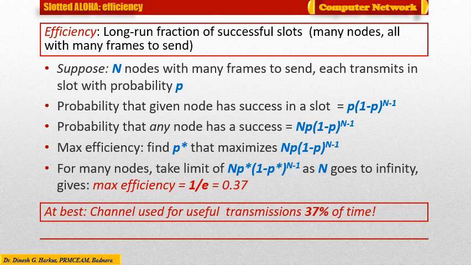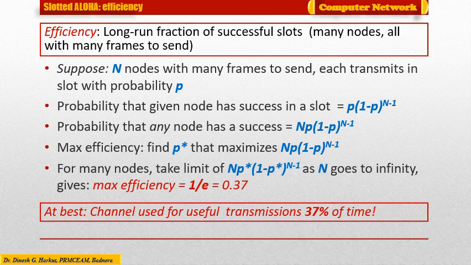The efficiency of a slotted multiple access protocol is defined to be the long-run fraction of successful slots in the case when there are a large number of active nodes and each one has a large number of frames to send.